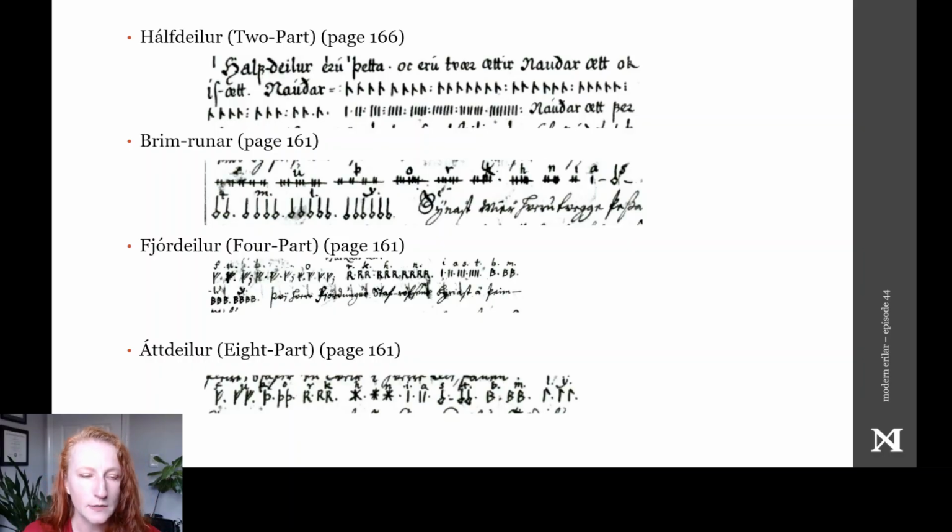The Halves system divides the Futhark in 2 at the point between neither and ease, counting outward from that break, so that 8 neither runes, for example, encode the fe rune from the beginning of the Futhark.